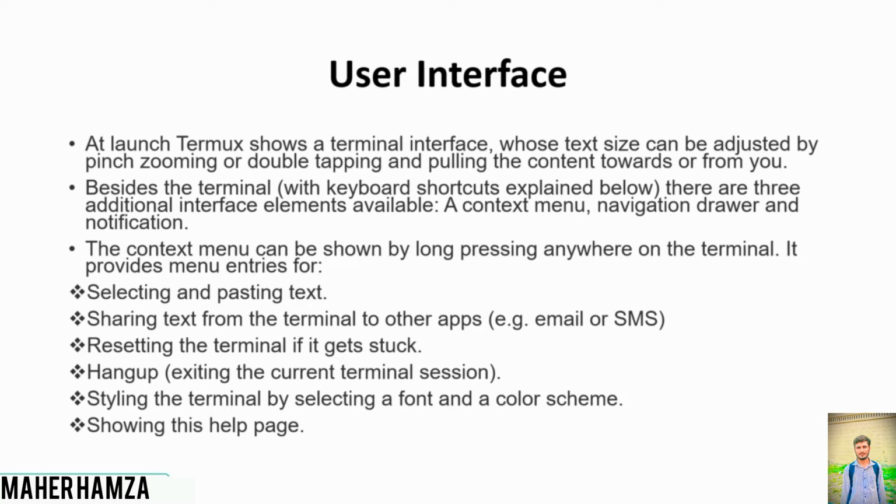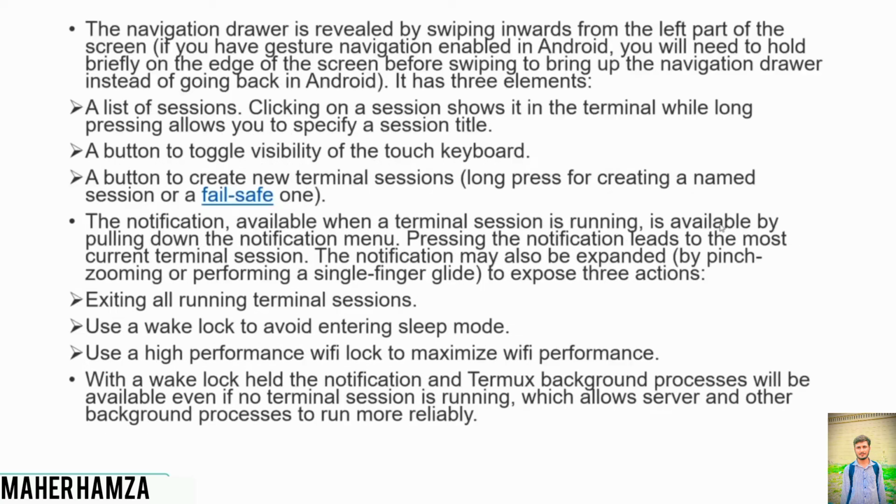The context menu can be shown by long pressing anywhere on the terminal. It provides menu entries for selecting and pasting text, sharing text from the terminal to other apps, for example email or SMS, resetting the terminal if it gets stuck or hangs up, styling the terminal by selecting a font and a color scheme, and showing this help page. So these are the things you can do.